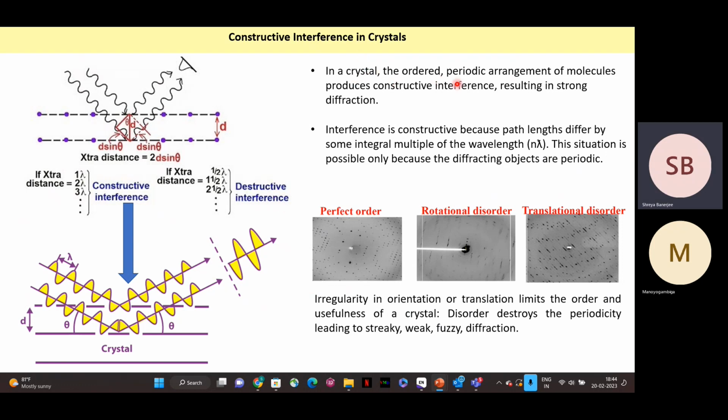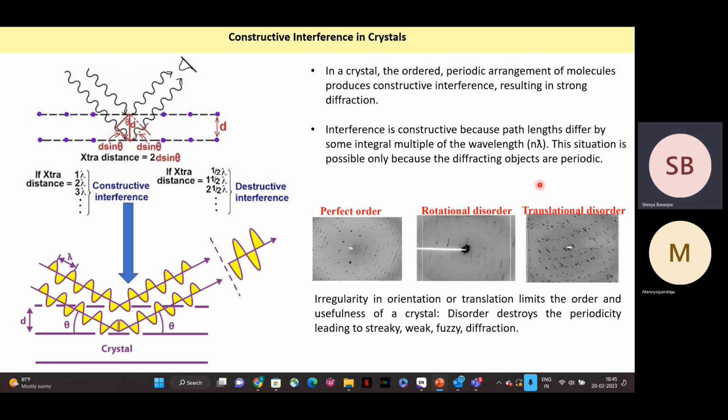So in the crystal, the ordered periodic arrangement of molecules produces constructive interference, and because of the constructive interference, you will get a strong diffraction pattern. The interference is constructive because the path length difference, which is 2d sine theta, is an integral multiple of the wavelength, n lambda.